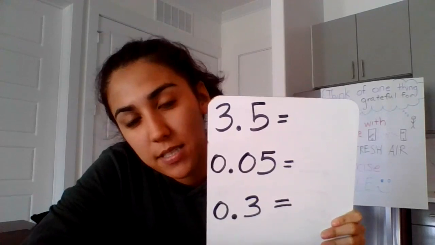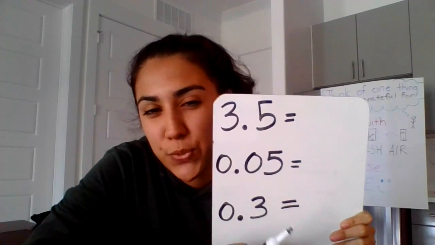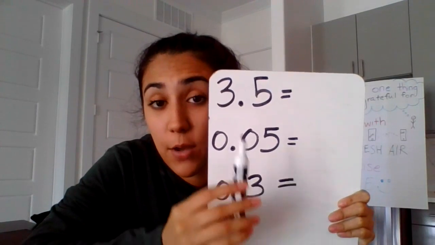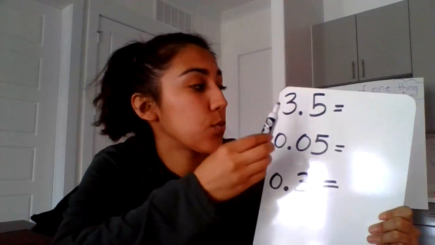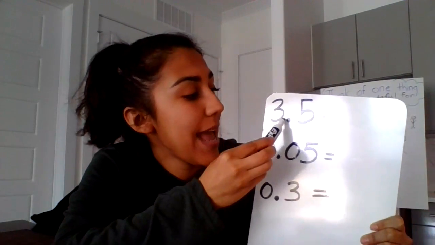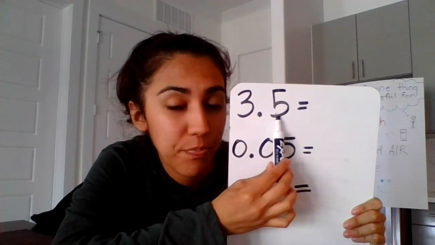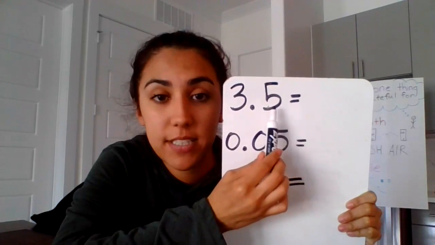What do we say when we're reading the decimal? Do we say point? Do we say decimal? Or do we say and? That's right, we say and when we're reading the decimal. So for an example, the first one, this one is 3 and 5. What place value is that 5 in? Tenths. So 3 and 5/10.